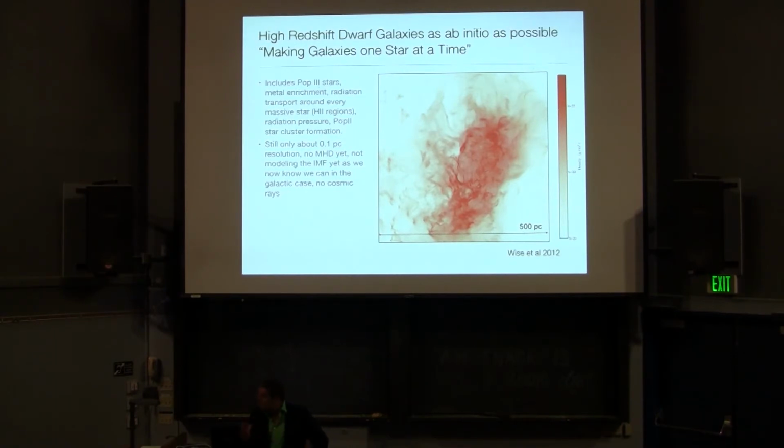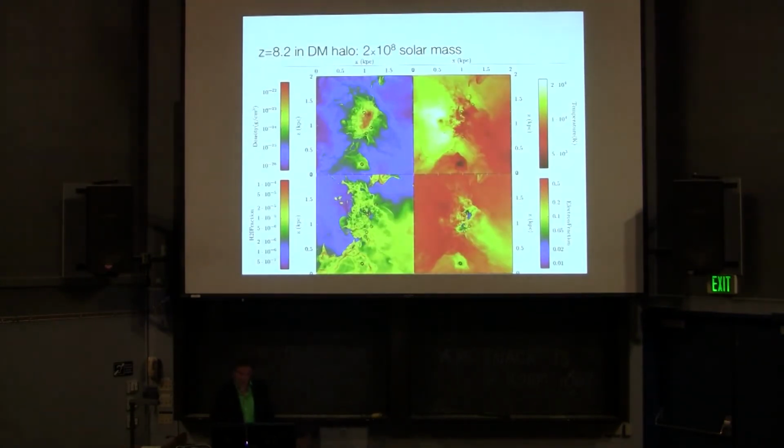But in these very small galaxies, we can afford to get down to the stellar scales, sub-parsec scales in fact, where we include the H2 region physics and the supernovae physics. If you look at other physical quantities here, we've got the electron fraction down here, a molecular hydrogen fraction here, density and temperature.